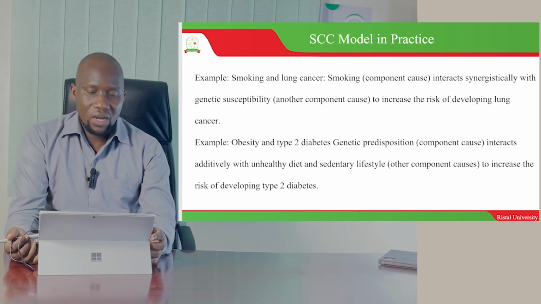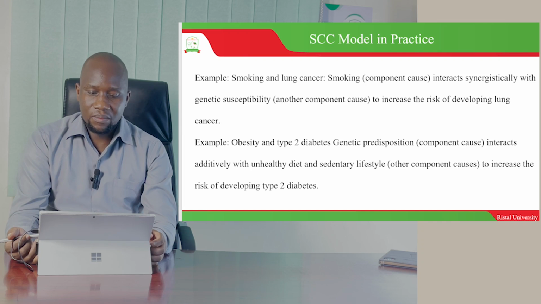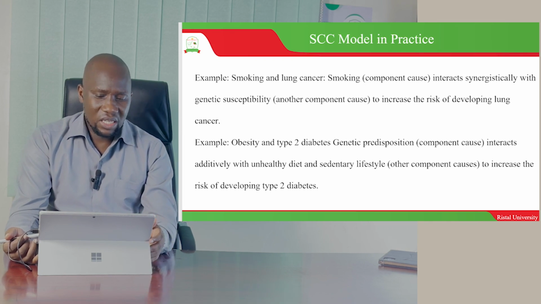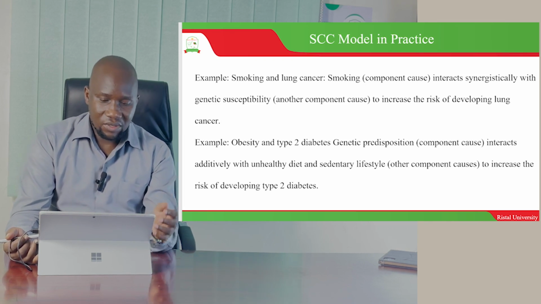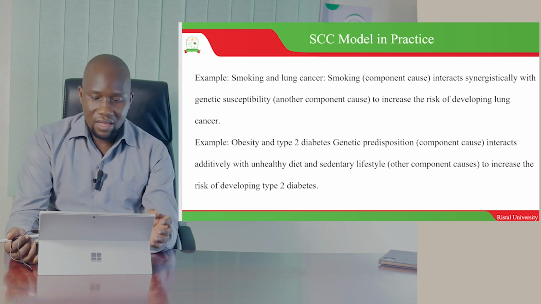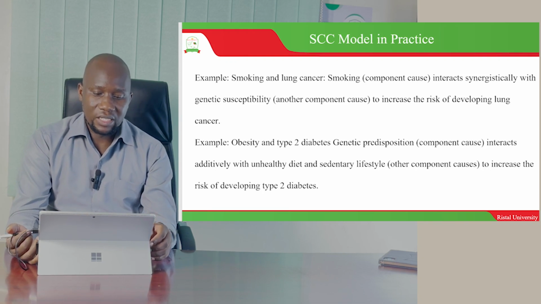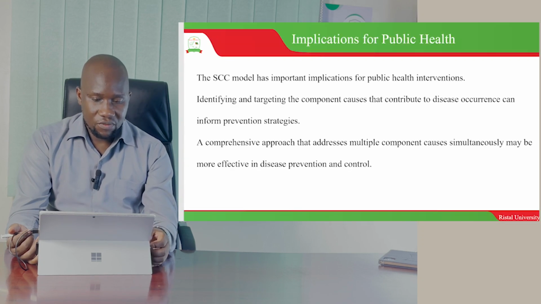A person who has obesity and type 2 diabetes genetic predisposition interacts additively with the unhealthy diet, and this will really increase their likelihood of developing type 2 diabetes. That is very key.